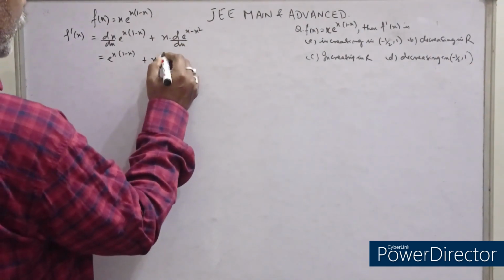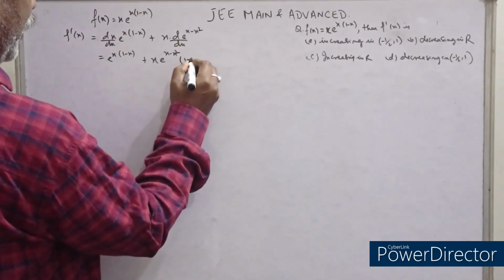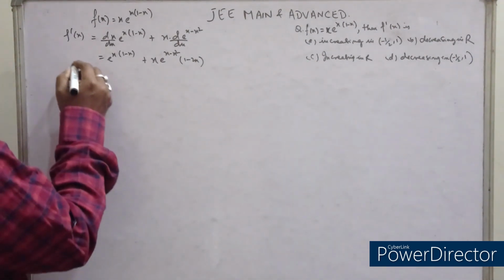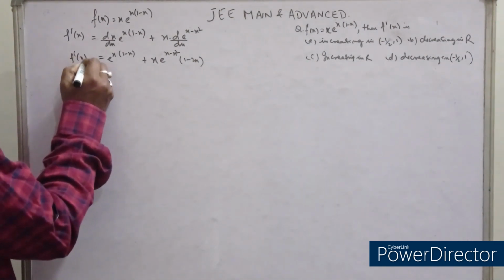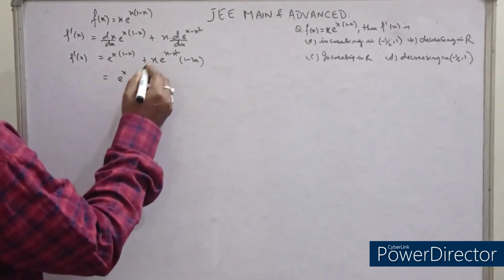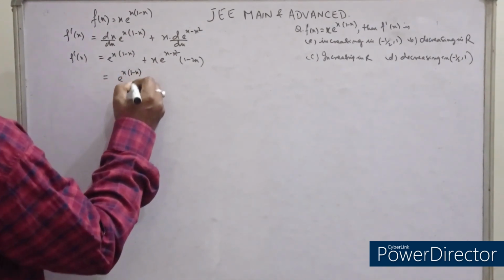So this will be e to the power of x times the chain rule, minus x square and 1 minus 2x. So now this is f dash x. Here e to the power of x, 1 minus x is common.